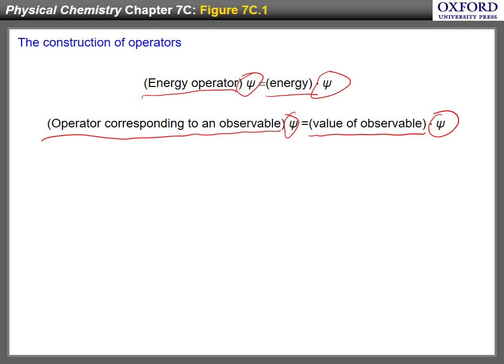And if we look at it this way, then the symbol omega can be interpreted as an operator.